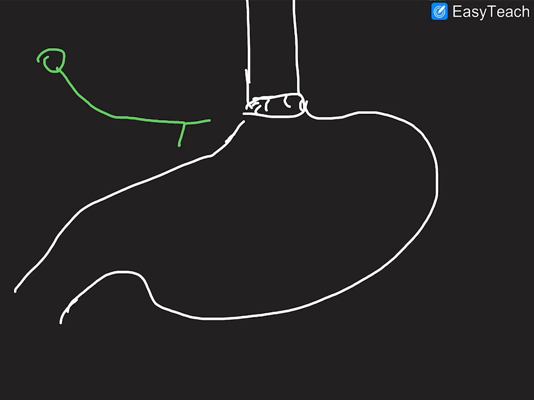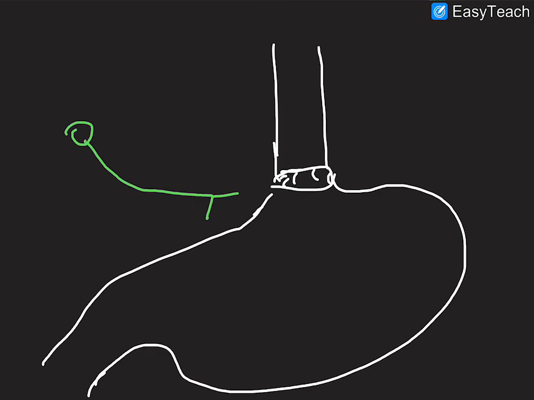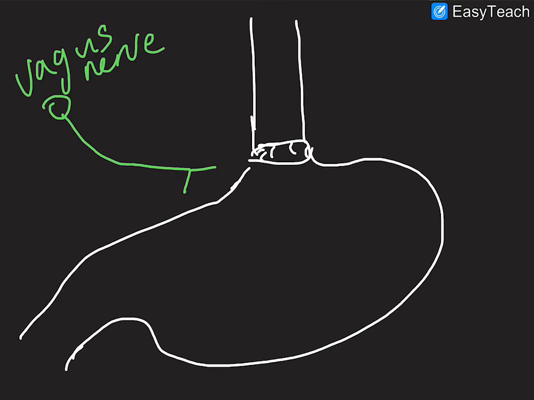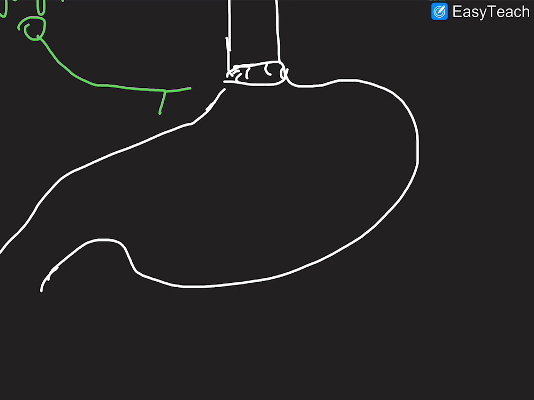We know that the vagus nerve stimulates hydrochloric acid production because it releases acetylcholine. It also stimulates gastric emptying.